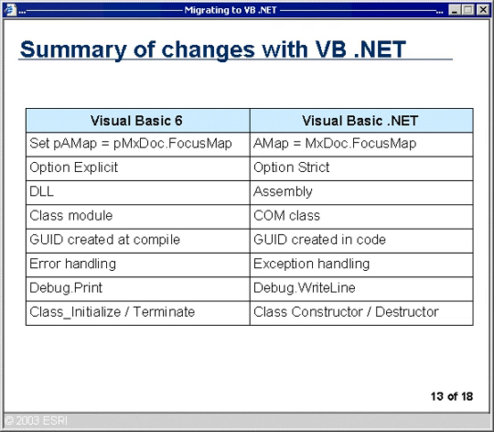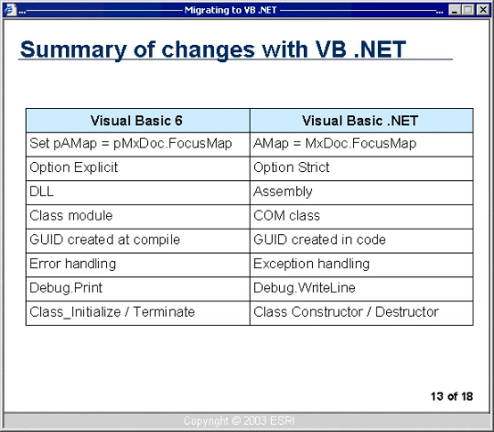Option explicit is on by default, and VB.NET also uses the option strict statement. A DLL is now an assembly, and your Visual Basic 6 class module is now a COM class. Formerly, your GUID was created at compile time, and as you saw during the demonstration, your GUID is now created in code.